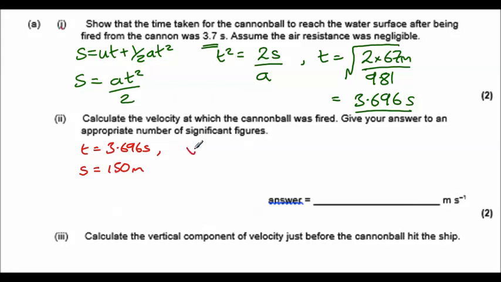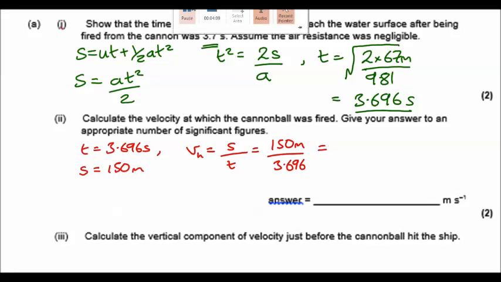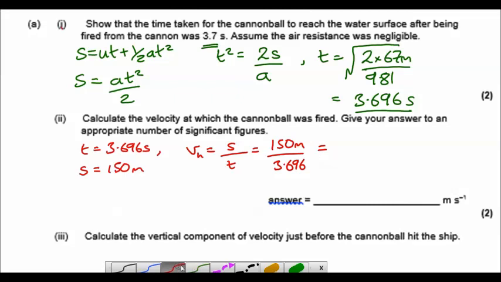And so velocity horizontal will be distance horizontal, which is 150 meters, and divide that by the time, and I'll stick with my 3.696. And we get from that the answer of 40.58 meters per second.